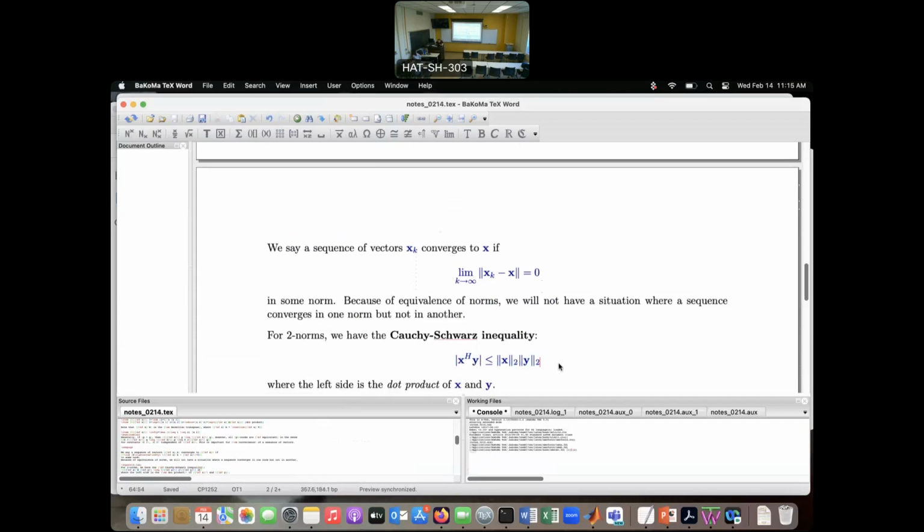In fact, in general, the dot product is equal to this times the cosine of the angle between them. But since cosine can be at most 1, we have this inequality here.